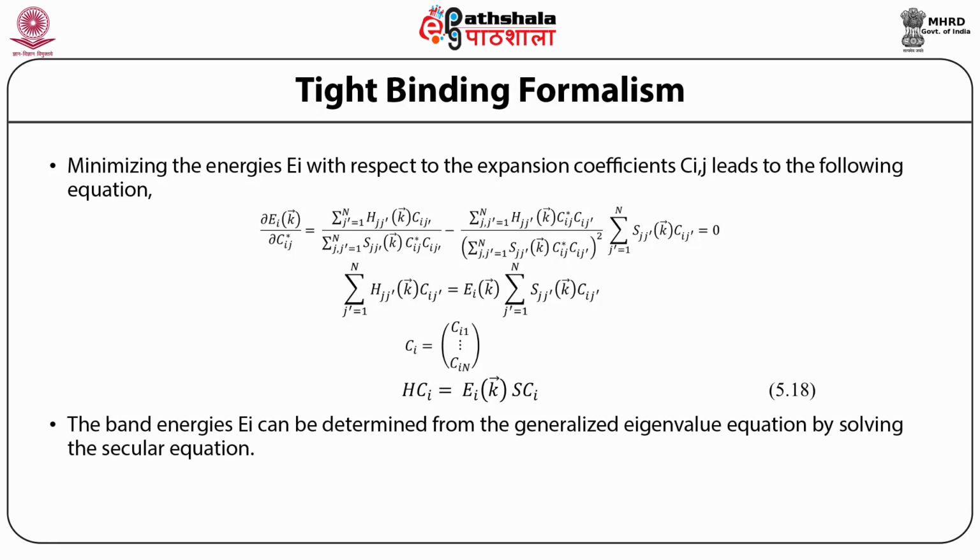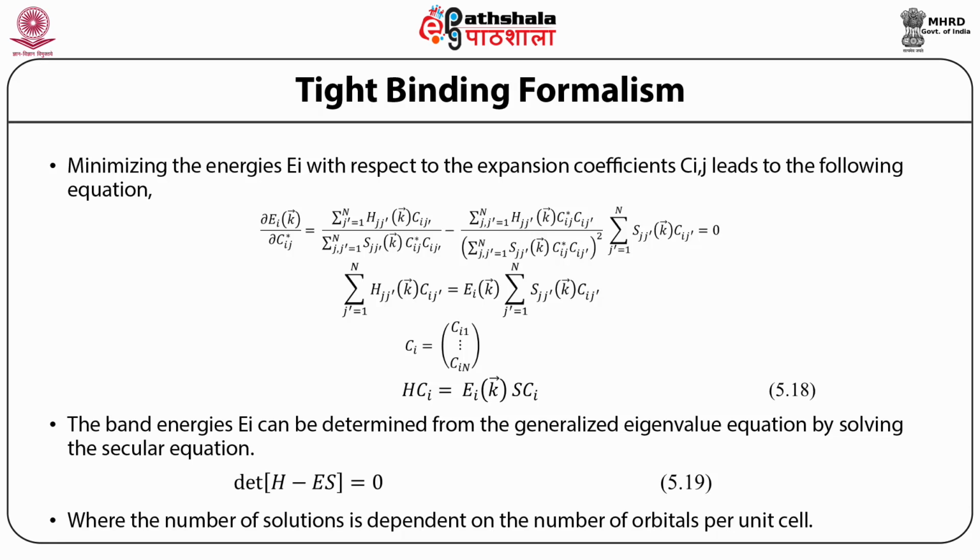Now here the band energies Ei can be determined from the generalized eigenvalue equation by solving the secular equation, that is determinant of H minus ES equal to 0, where the number of solutions is dependent on the number of orbitals per unit cell.